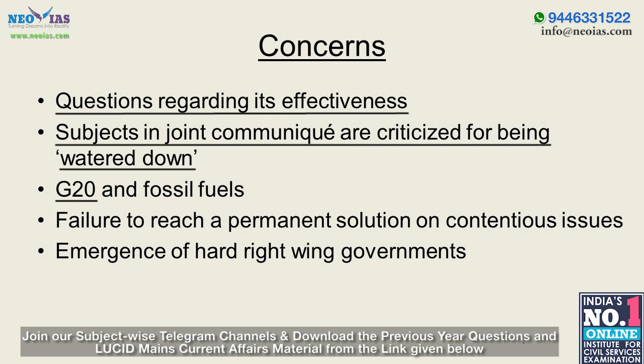Despite highlighting their commitment towards the Paris Accord in the communique, the G20 nations continue to provide large-scale subsidies to fossil fuels. Also, another concern is the emergence of the hard right-wing in various member countries like Brazil and Italy. This can make future summits complicated on issues such as the refugee crisis and public spending.